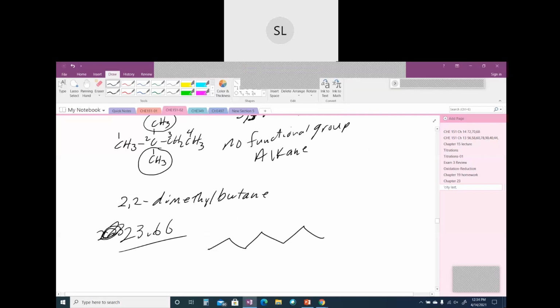So I need my 6 carbons. 1, 2, 3, 4, 5, 6. I don't need 7. I need 6 carbons. All right, that is a 1-hexene, and so I know that I have a double bond at 1. It is a 3-ethyl, 1, 2, 3. So here I have an ethyl.